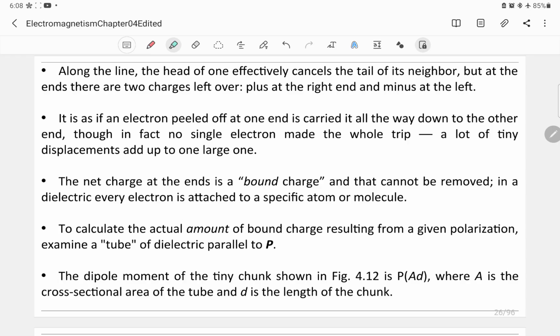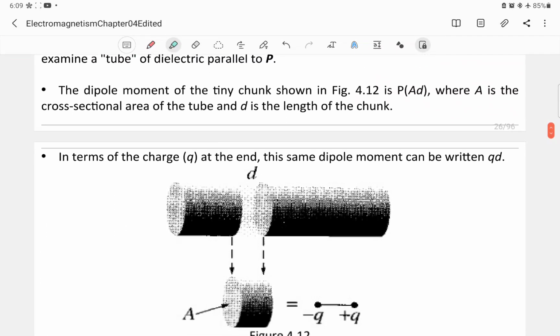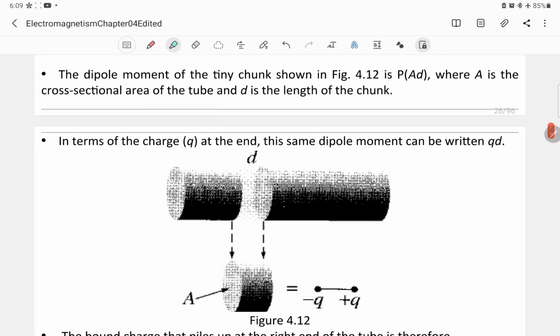So say for example, if you want to calculate the amount of bound charge resulting from a given polarization, let's look at this figure. Here you have a tube, for example, and this tube has circular ends, area A. If you take a slice of it, you have here an accumulation of negative charge and an accumulation of positive charge here.